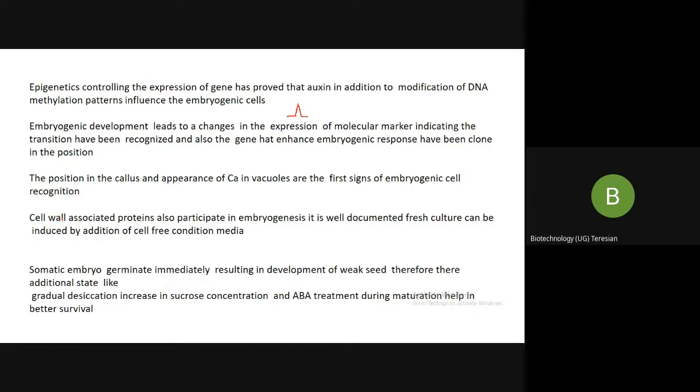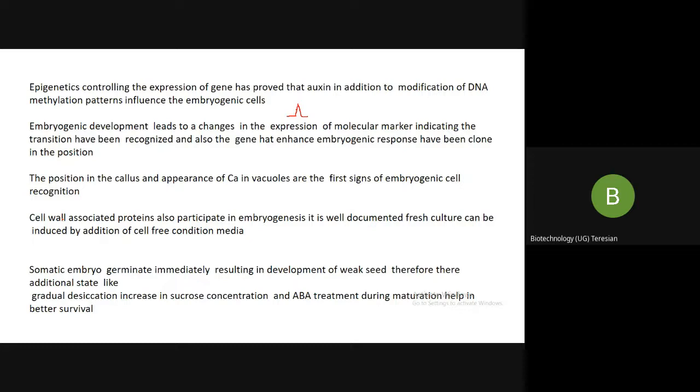And also, students, another point is that cell wall associated proteins also participate in embryogenesis. So you all know that the cell walls also have proteins, and they also participate in embryogenesis. It is very well documented that fresh culture can be induced by addition of cell-free conditioned media.